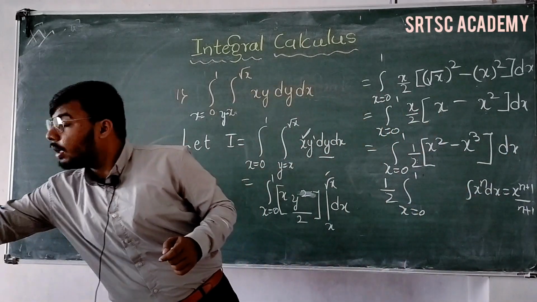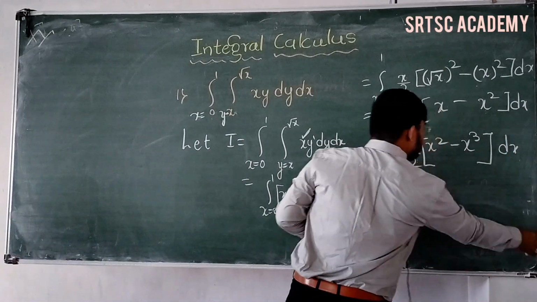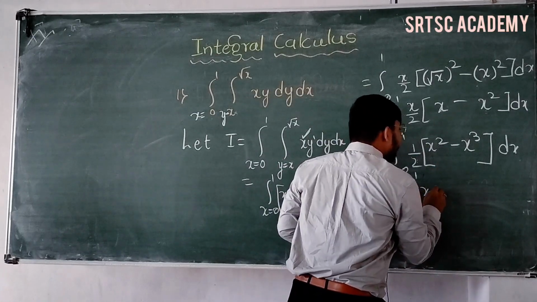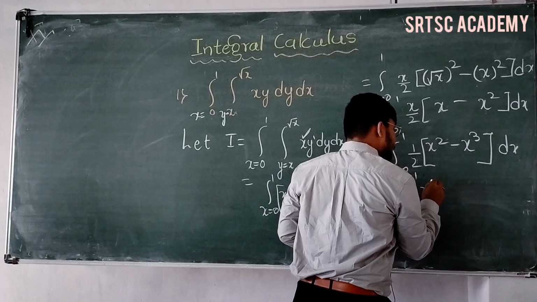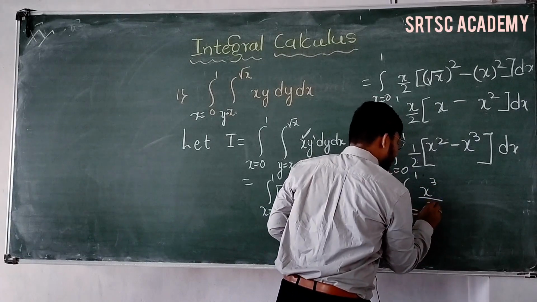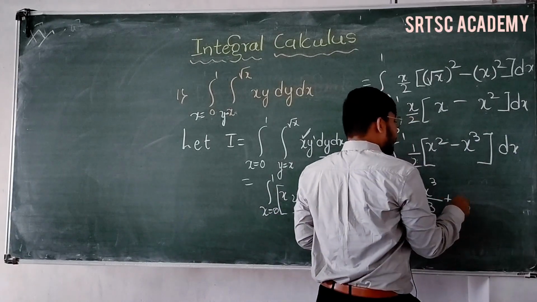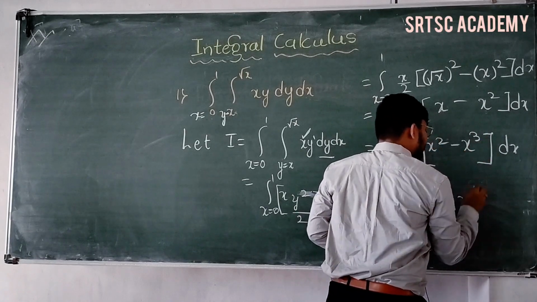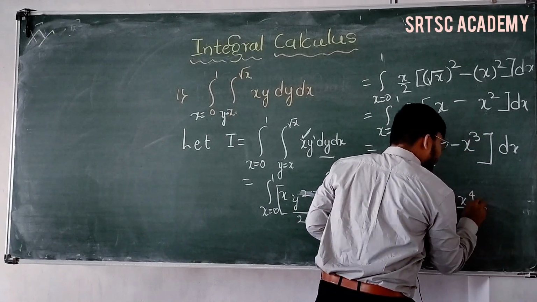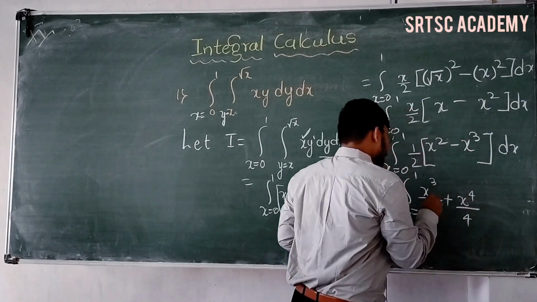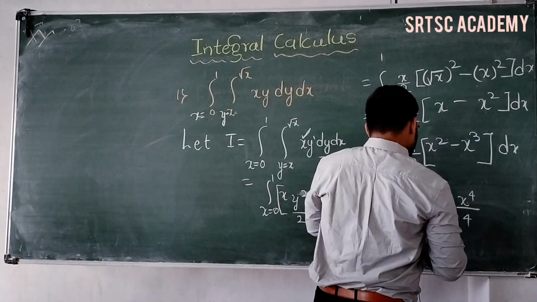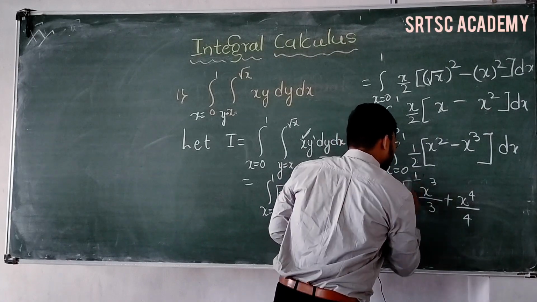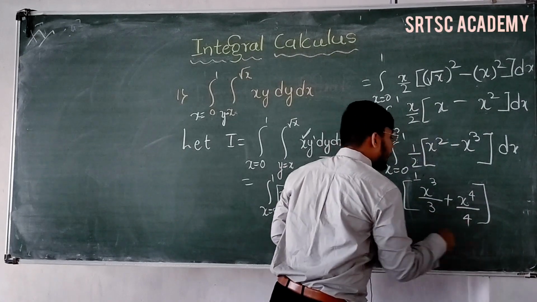Apply the formula. X square: x to the power n plus 1, 2 plus 1, that is 3, divided by n plus 1, 3, plus here x to the power 3, x to the power 3 plus 1, that is 4, divided by 3 plus 1, 4, right? Here this integral sign is not required, apply the value here because we did integration, right?